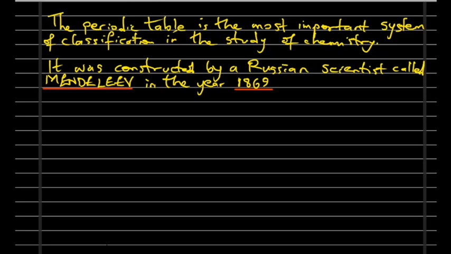Mendeleev used the property of each of these elements, majorly the atomic number of the elements, in arranging the elements into the periodic table.